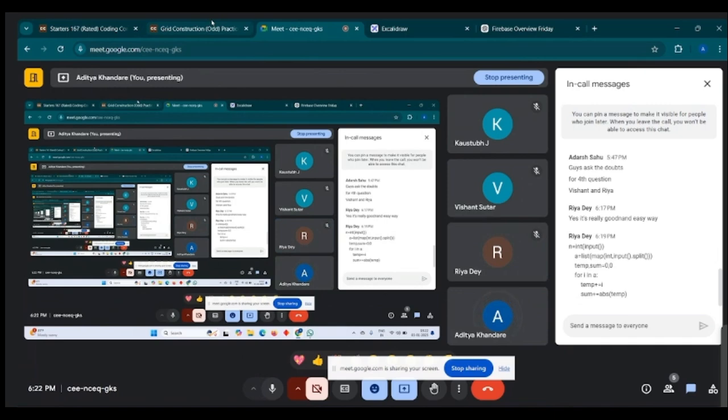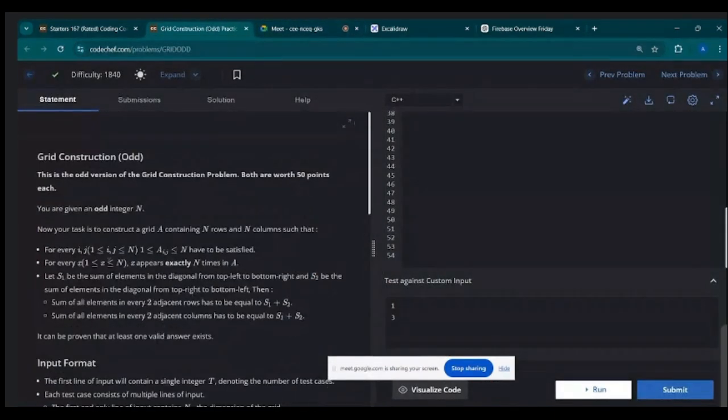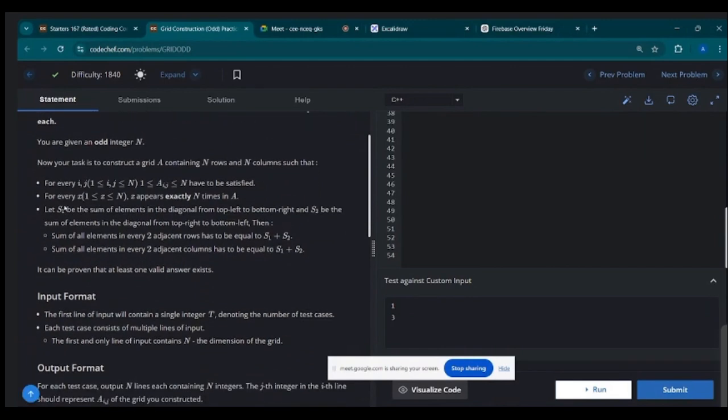Okay, so let me explain. You are given an odd integer n, and your task is to construct a grid containing n rows and n columns, and we have been given some conditions. For every i, j, a[i][j] should be from 1 to n, and for every x, x appears exactly n times.